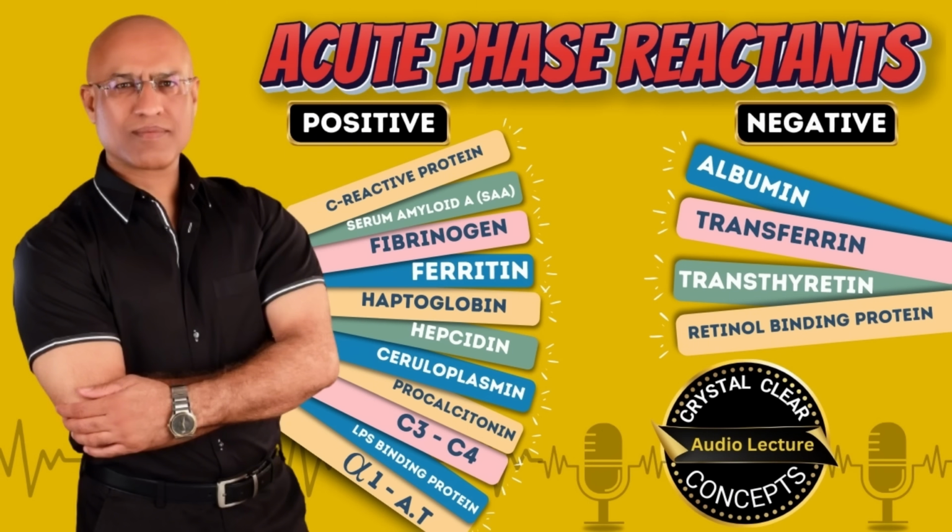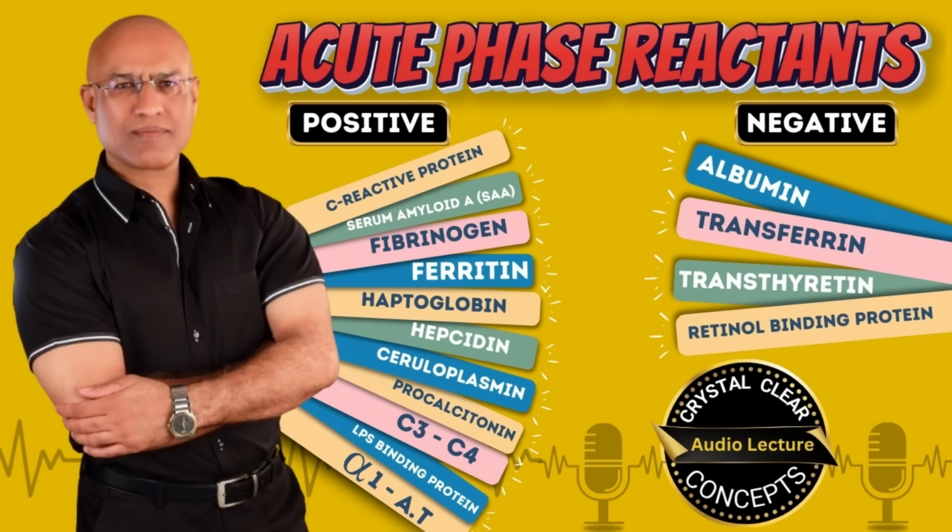Which cells are activated? Neutrophils, the monocyte-macrophage system, dendritic cells, even mast cells, adipocytes, especially in central obesity, and then there are epithelial cells, natural killer cells, fibroblasts, and endothelial cells.